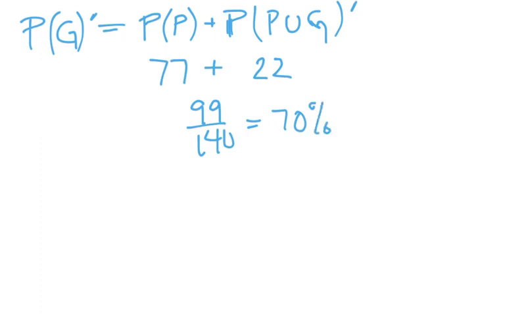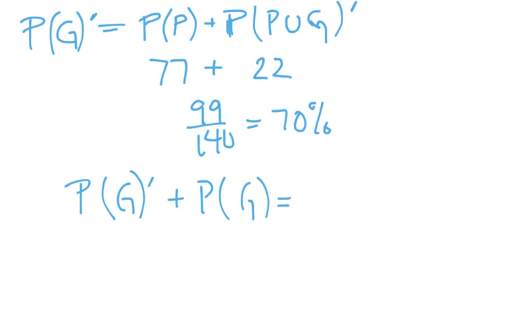And that makes sense, since the probability of the people who chose gymnastics was about 29%. So the 70 plus the 29% would make 100% of the people. And if you think about that, the probability of people who did not choose gymnastics plus the probability of people who chose gymnastics would equal close to 100%.